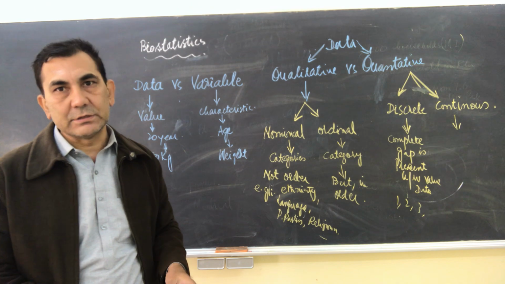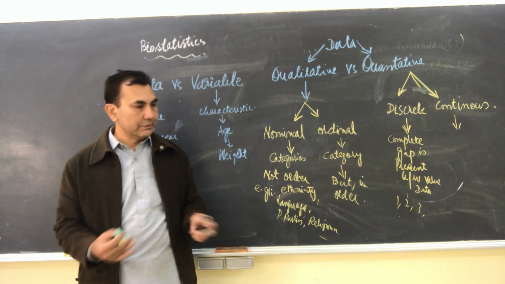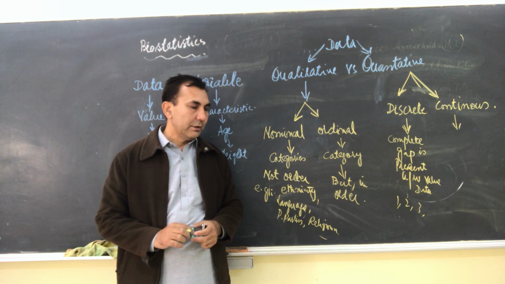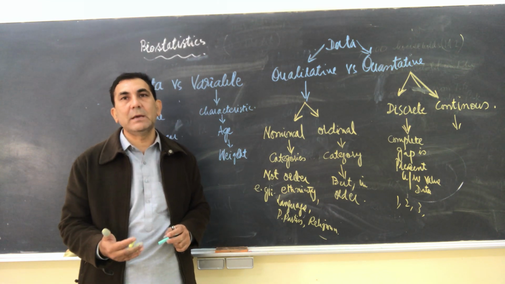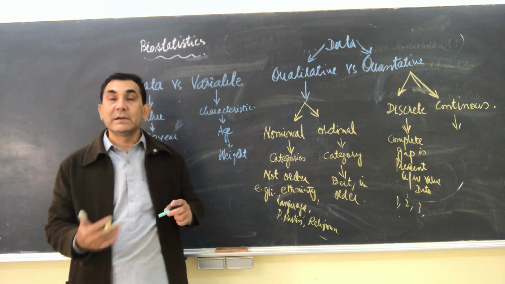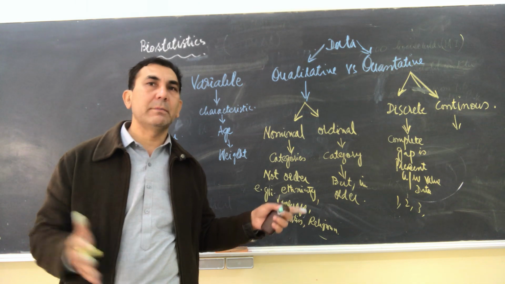Just like the number of children, the number of family members. You will not hear anywhere that the number of children may be 2.5. No, it will always be 2, or maybe 3, or maybe 4.